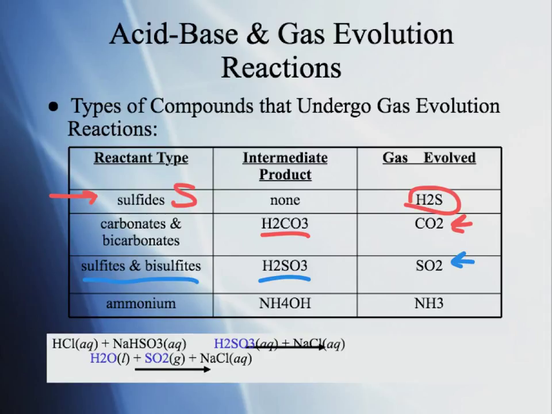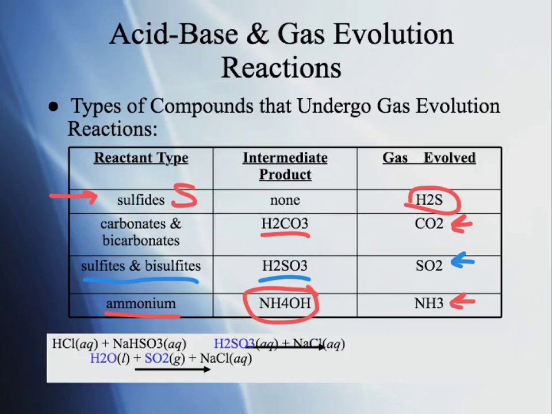Okay. And then last but not least, ammonium, which isn't one we usually see. Ammonium is usually going to have an intermediate of ammonium hydroxide, which is going to fall apart and basically form water and the ammonia gas, NH3.